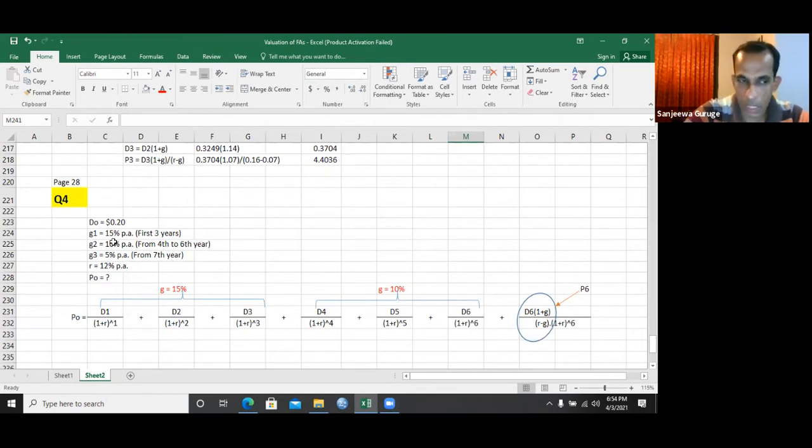First 3 years one rate, next 3 years another rate, and the constant growth starts from the 7th year. If the constant growth starts from the 7th year, what is the dividend value we need?